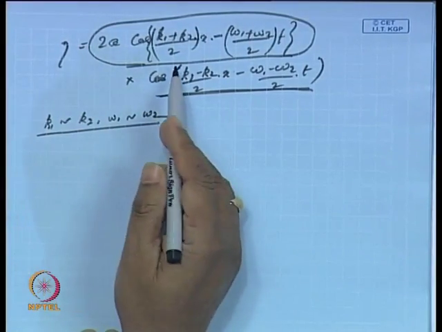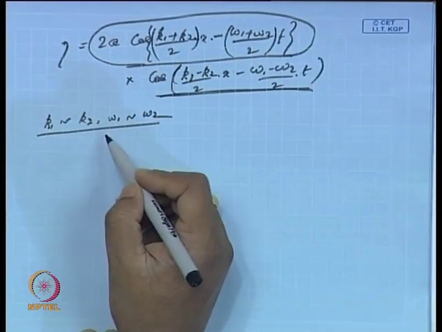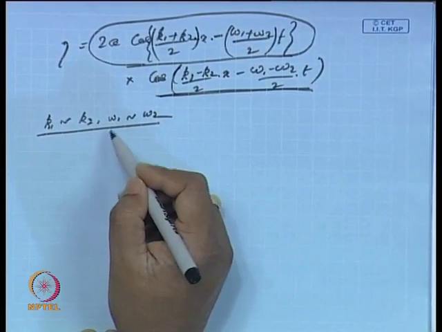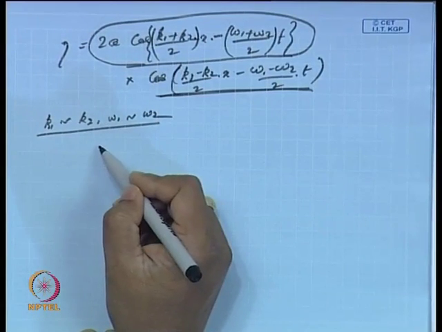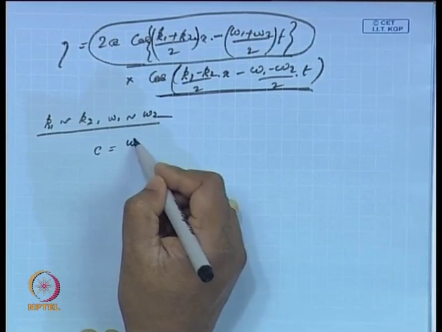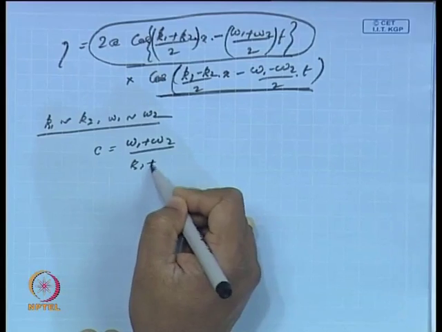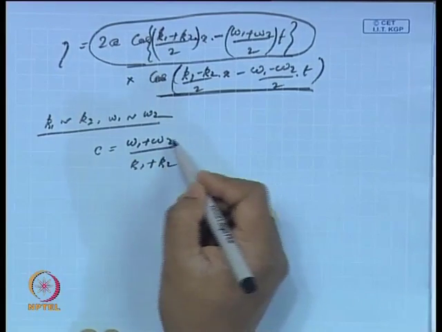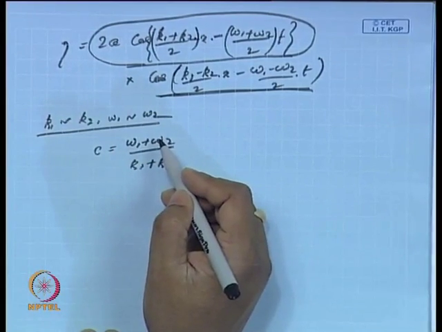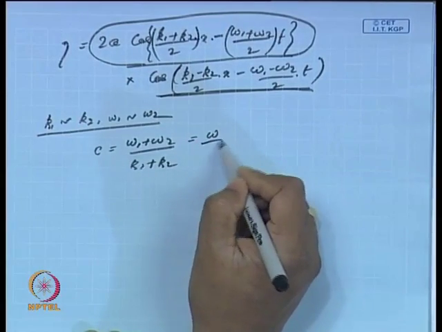Let us analyze it from the point of view of the phase velocity. In the first case, the phase velocity c will be (omega 1 plus omega 2) by (k 1 plus k 2), and if k 1 tends to k 2 and omega 1 tends to omega 2, this will give me omega by k.